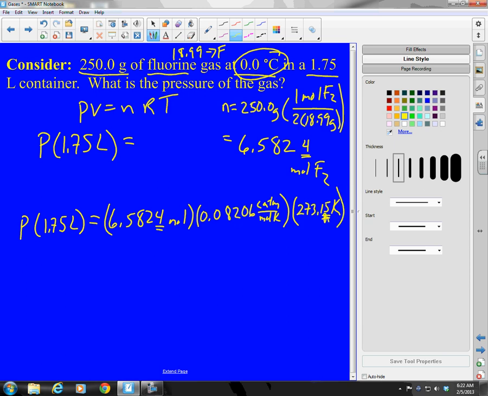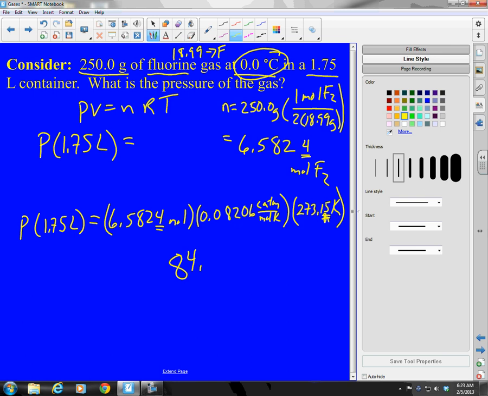Good. Let's run the numbers. 6.5824 times 0.08206 times 273.15 divided by 1.75, and I get P is equal to 84 point, how many sig figs? 3.